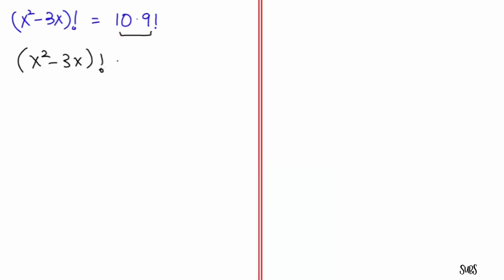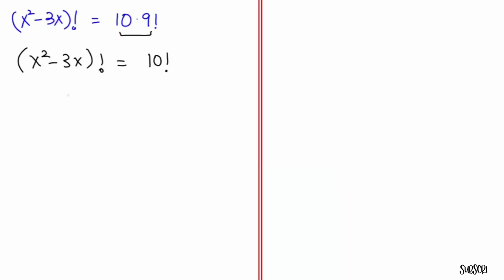So the last expression is (x² − 3x)! equals 10 times 9 factorial. Right now I can write the factorial of 10 easily: (x² − 3x)! equals 10!.